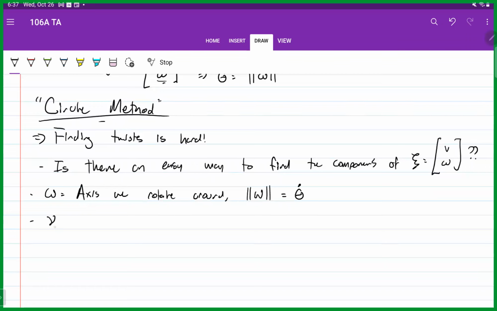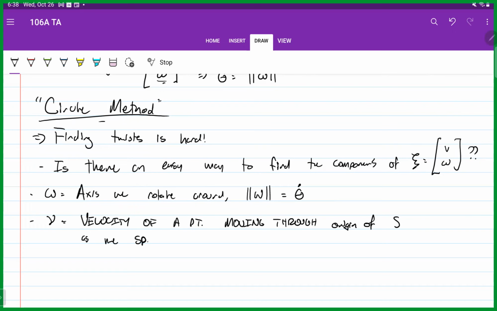And what about v? What's v going to be? So in the spatial case, if this twist is something in the spatial frame, this v will be the velocity of a point moving through the origin of S as we spin our joint.